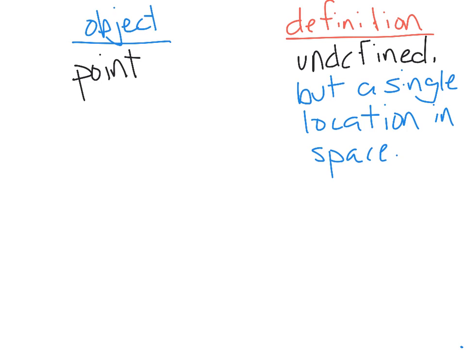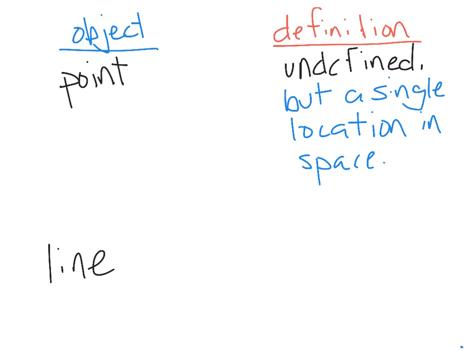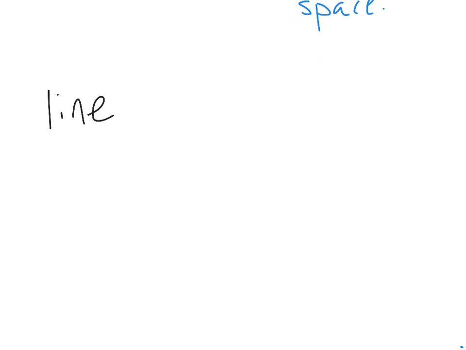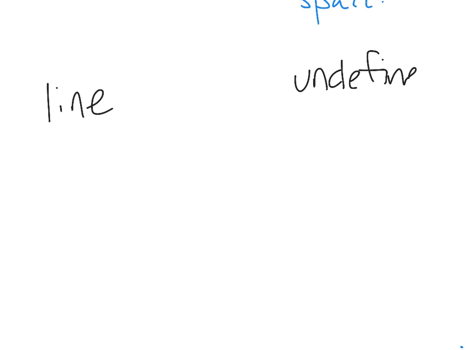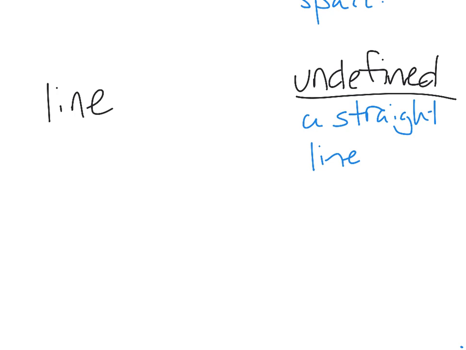Next, we have a line. A line is also undefined, but a straight line with no endpoints.